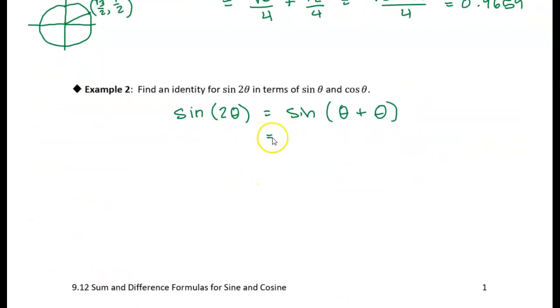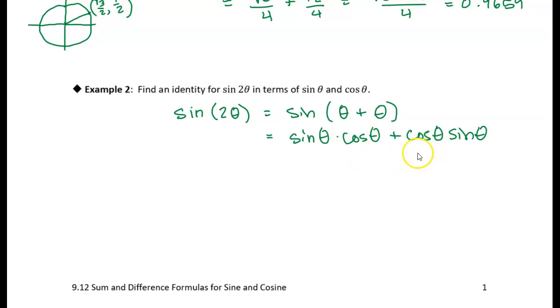So we get the sine of theta times the cosine of theta plus the cosine of theta times the sine of theta, all right? Now notice those 2 terms are really the same thing because multiplication is commutative, right? I can multiply things in any order. 2 times 3 is the same as 3 times 2. 8 times 9 is the same as 9 times 8, right?